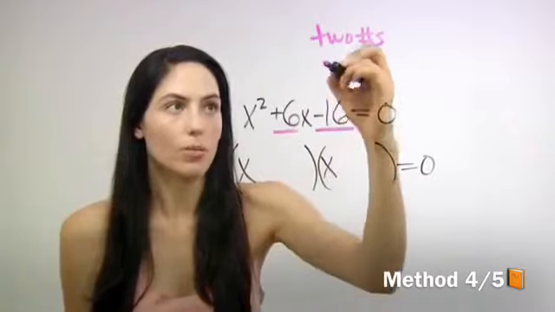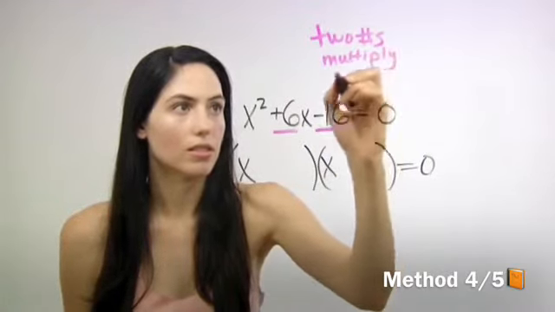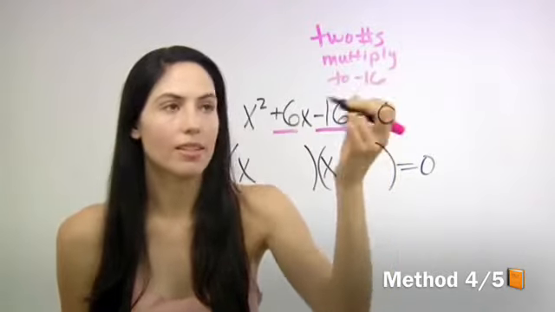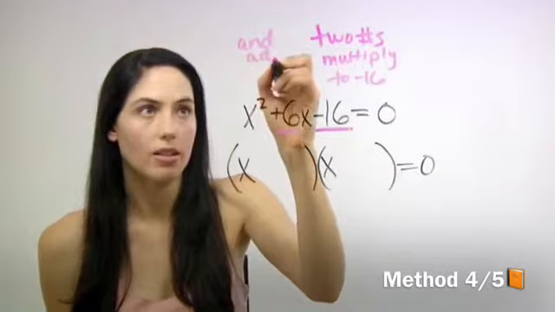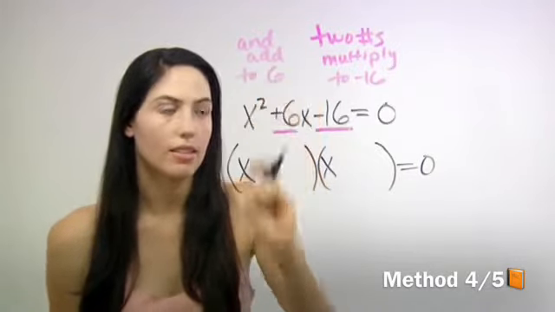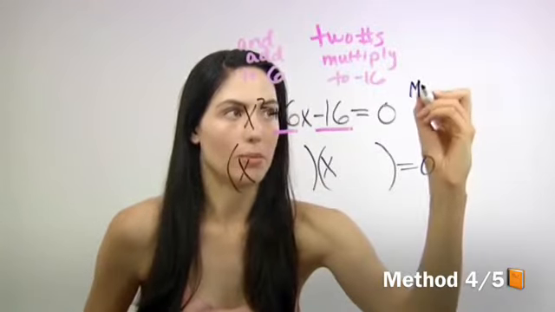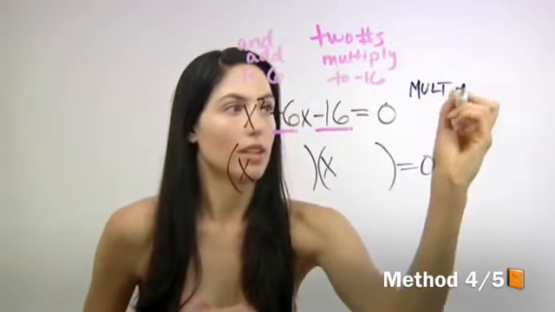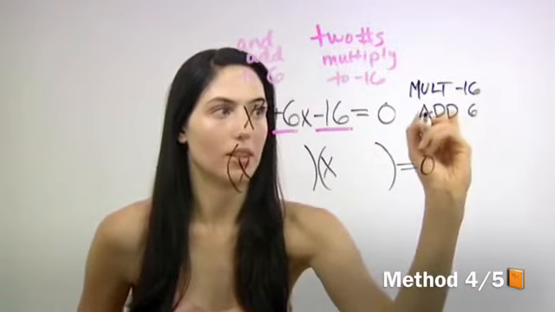So that's two numbers that multiply to negative 16 and also add to your middle number 6. So again, we're looking for two numbers that multiply to negative 16 and add to positive 6.